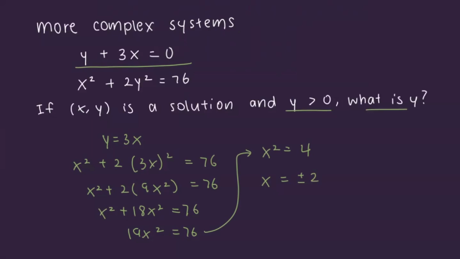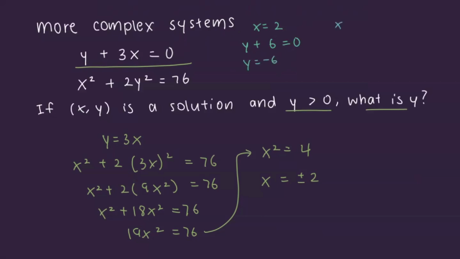So let's try both possibilities by plugging it into the first equation. So if x equals 2, let's plug that in. We have y plus 6 equals 0, so y is negative 6.